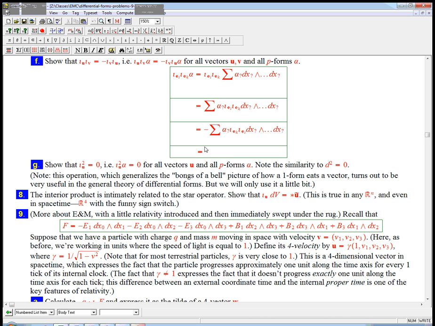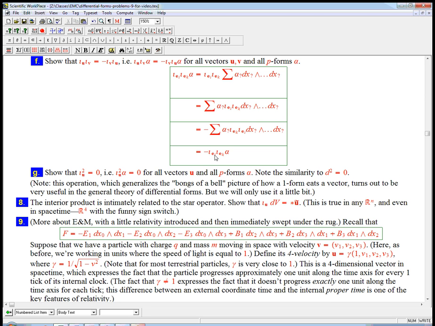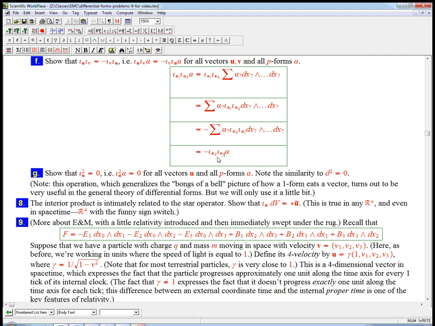And that's just going to be minus of this with the order switched. So the simple way to say that is if you've got a condition like this, what we're trying to prove, this switching negative condition, is a linear condition. And because this is linear in alpha, it's going to work. So that proves that it's true if these happen to be basis vectors.